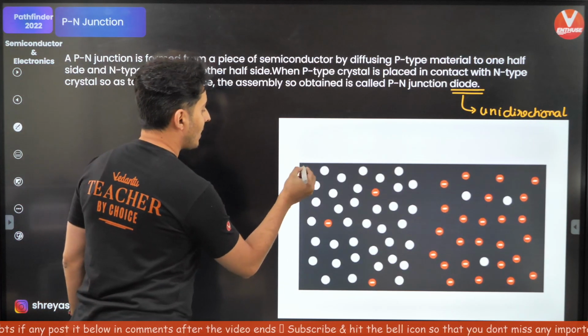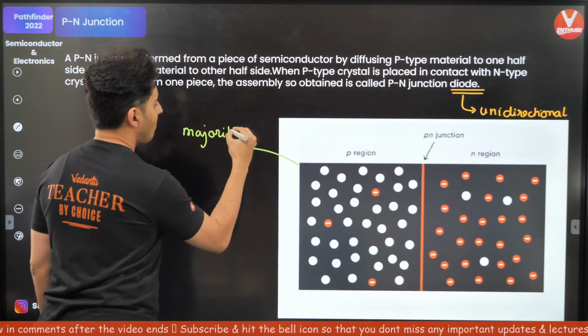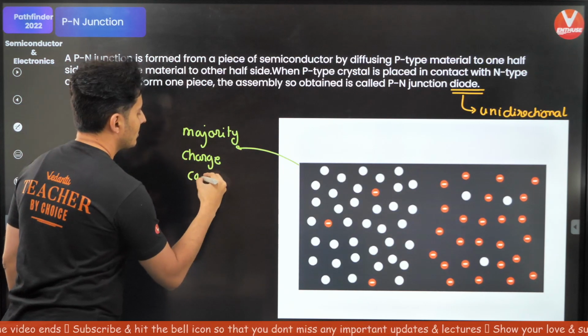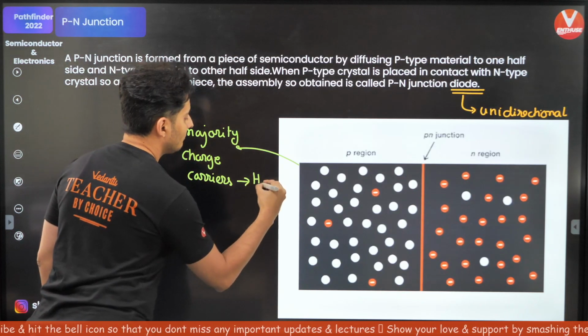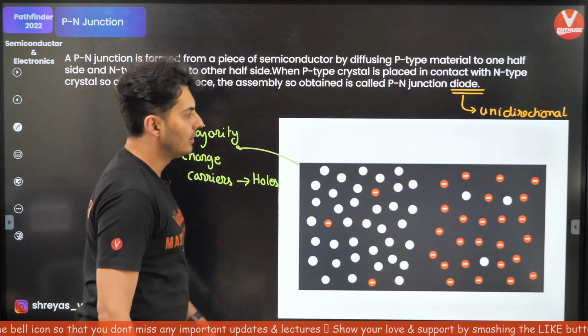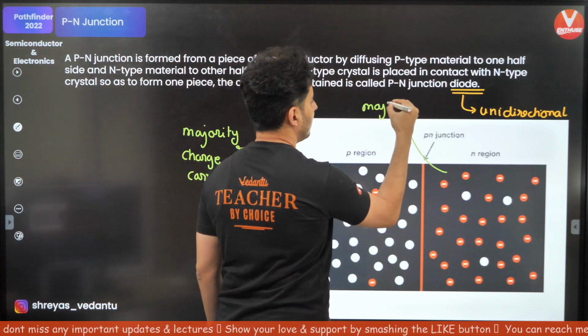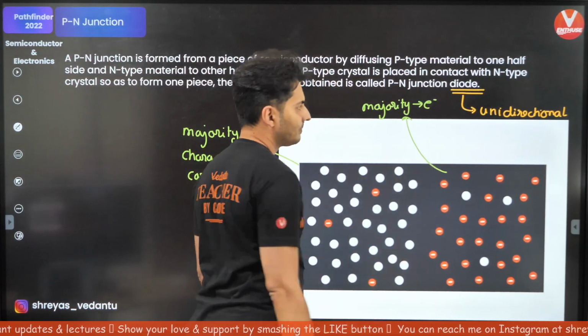Over here, majority charge carriers, what are they? Basically holes. And here in n type, majority is what? Electrons.